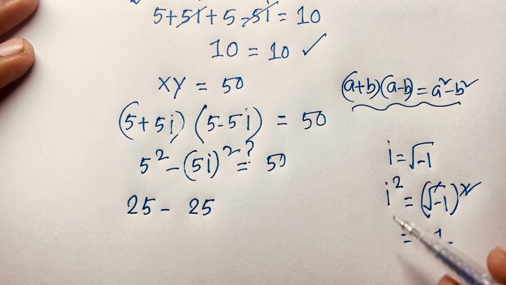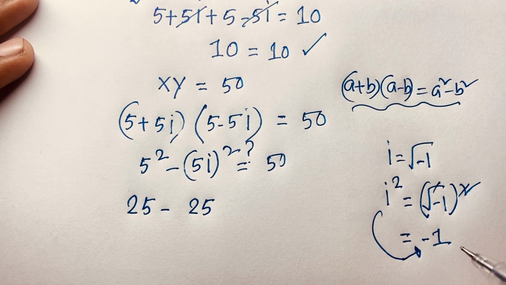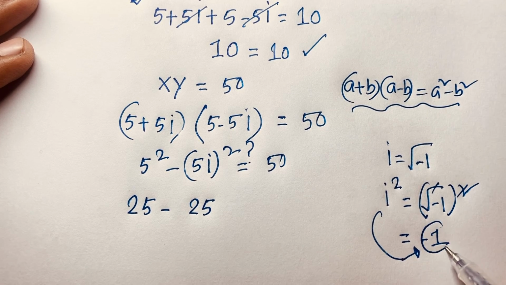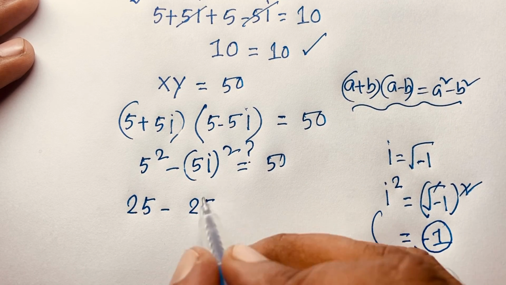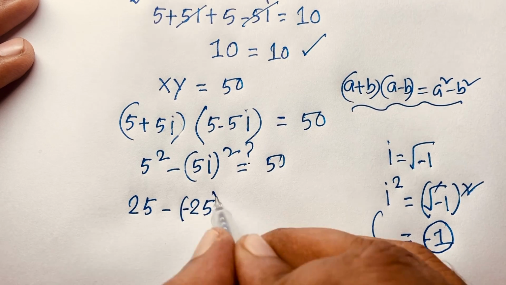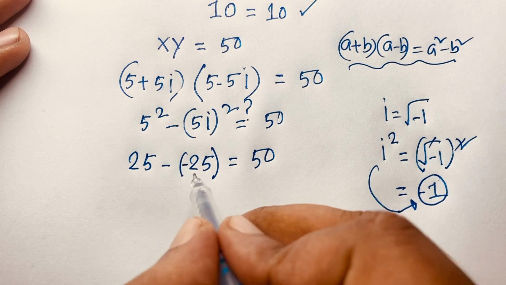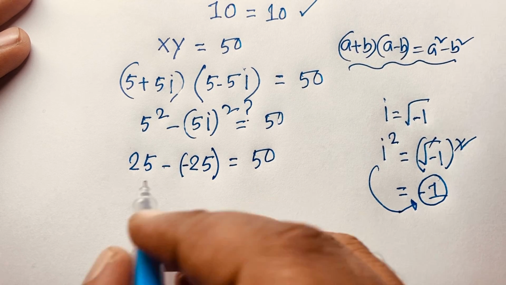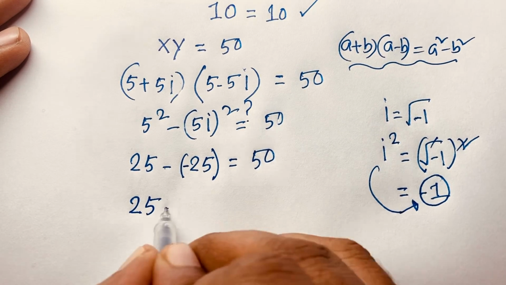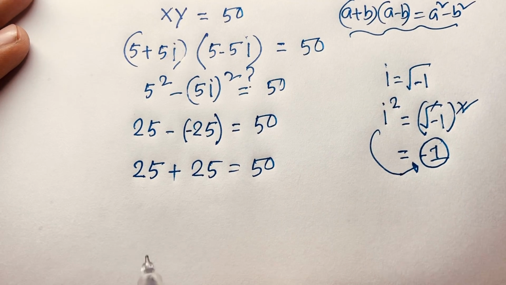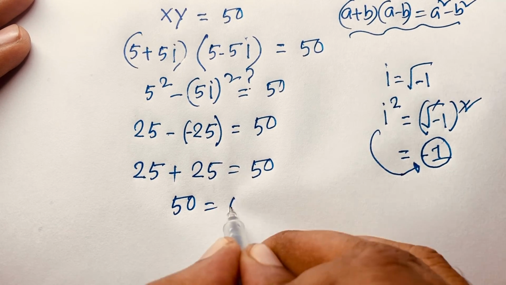So you know that i to the power 2 will be minus 1. So I put this value in this expression, so it will be 25 minus (minus 25) is equal to 50. Now you can see this minus is plus, so it will be 25 plus 25 is equal to 50. Now you can see it will be 50 is equal to 50.